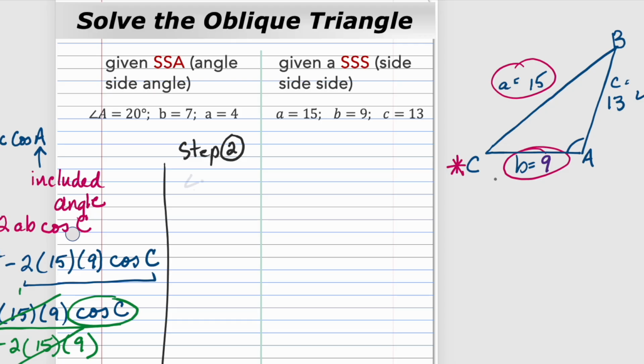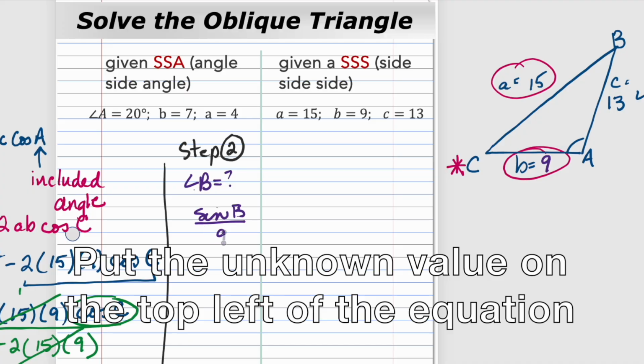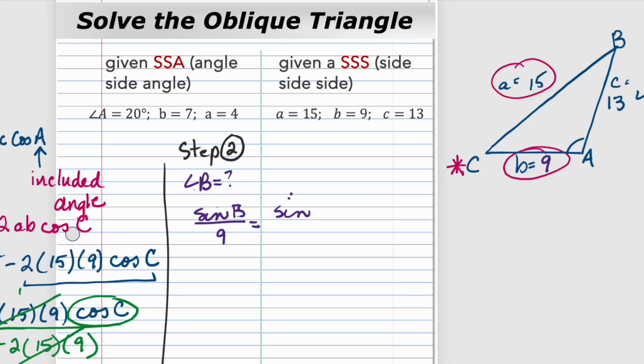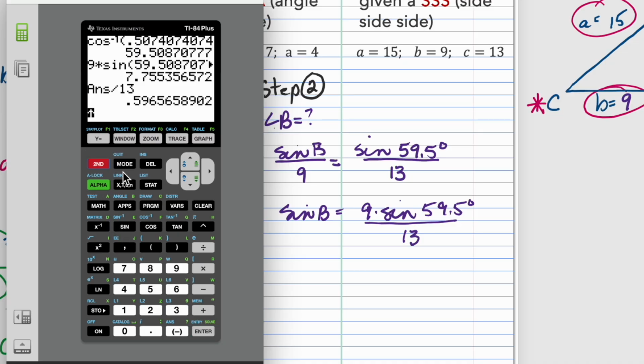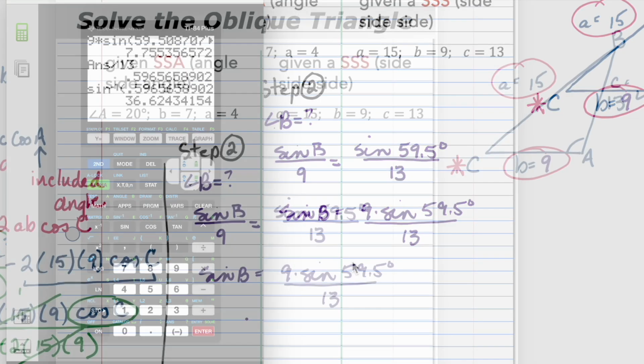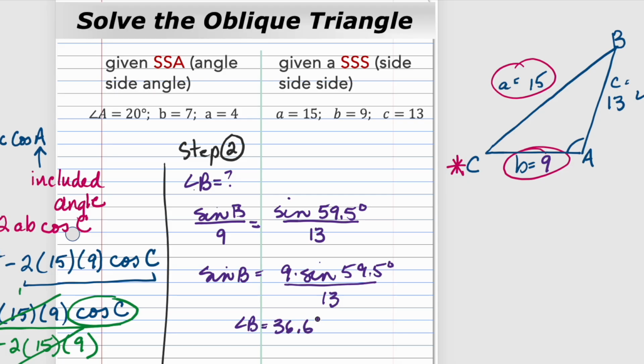We can find angle B. Sine of B over side length B is equal to sine of C, which we found to be 59.5, over side length C. Sine of B is 9 times sine 59.5 over 13. 9 times sine 59.5 equals, divide by 13, and use the inverse sine. 36.6. Angle B is 36.6 degrees.